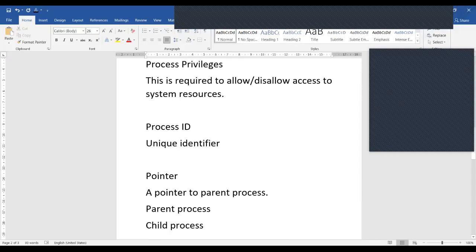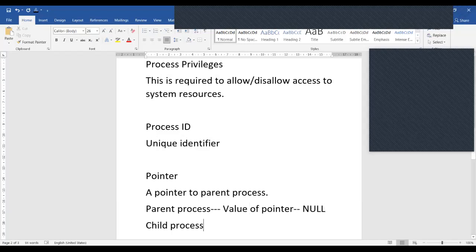In case of the parent process, the value of pointer is null because it has no other parent.